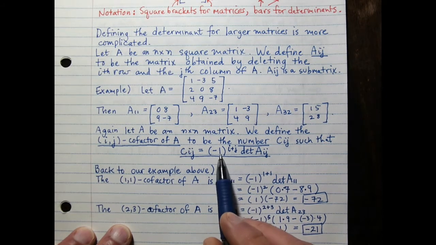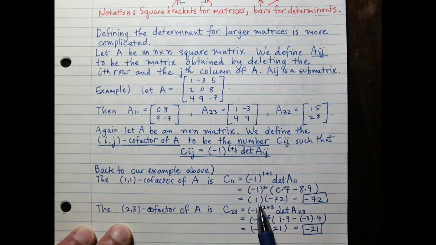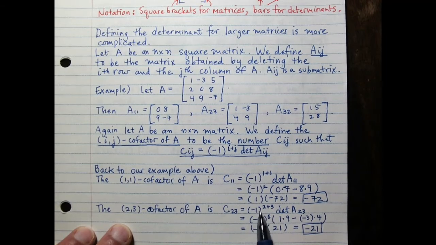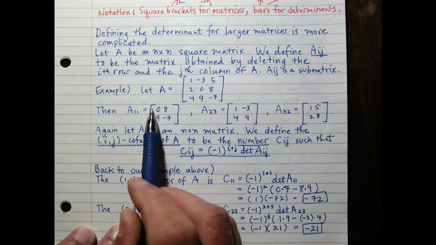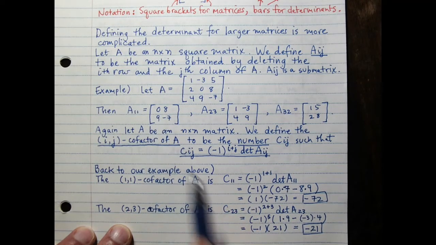Notice this power of negative 1 is always going to be either negative 1 or plus 1. So it'll either change the sign of what follows if it's negative, or leave the sign the same if it's a positive 1. And then the determinant of A11 we can just calculate: we get 0 minus 72, it's negative 72. So we take 1 times negative 72, which is negative 72.